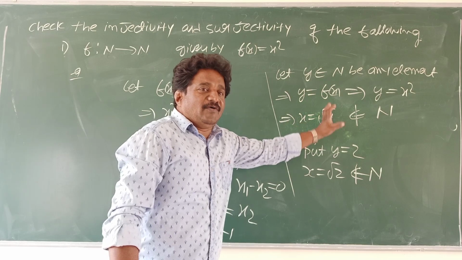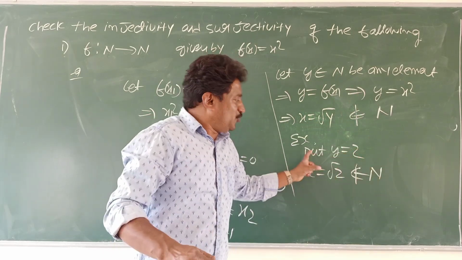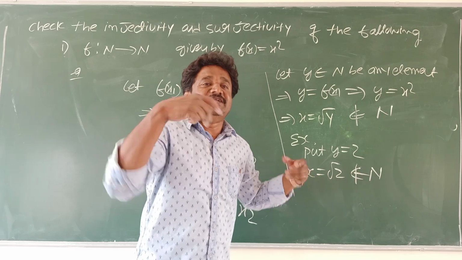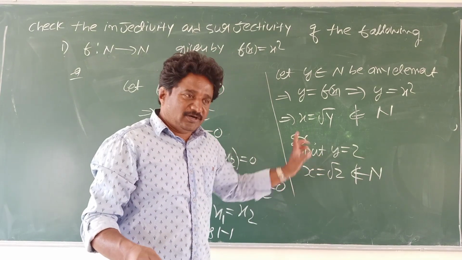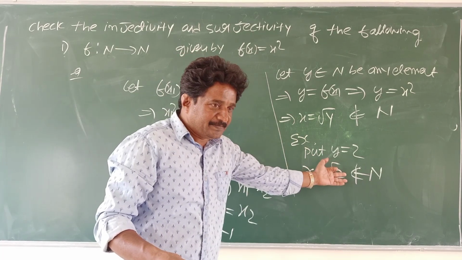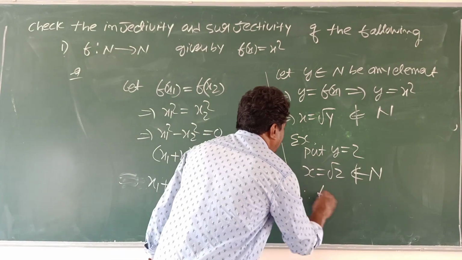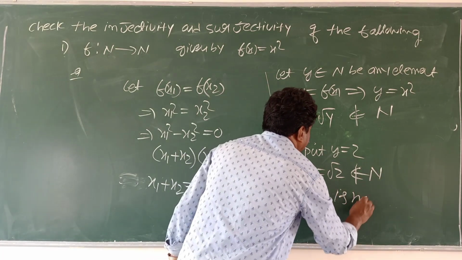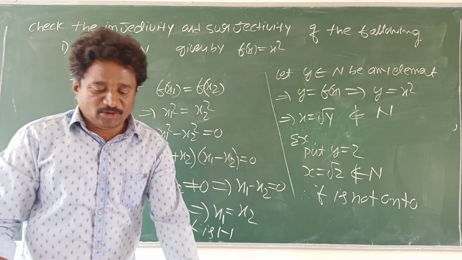Though there may be any number of passed subjects, if it contains one failed subject, we say it is completely failed. So onto or not onto? Not onto, because we have a failed subject. Therefore, f is not onto.